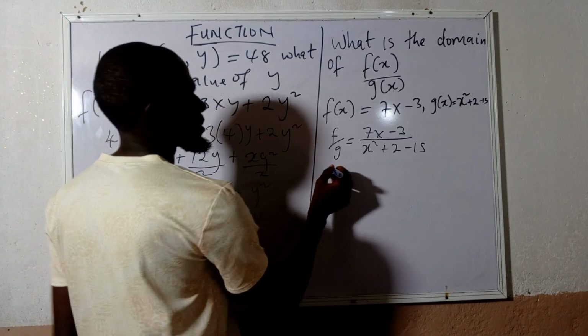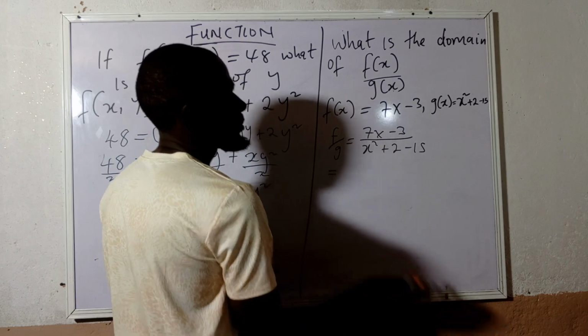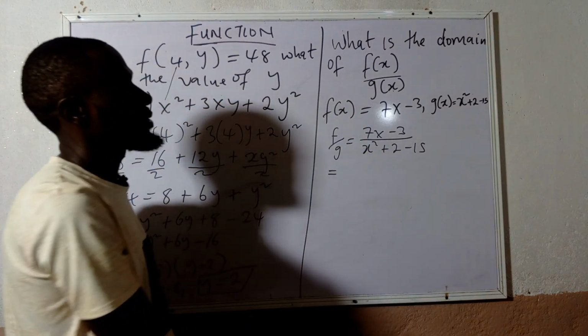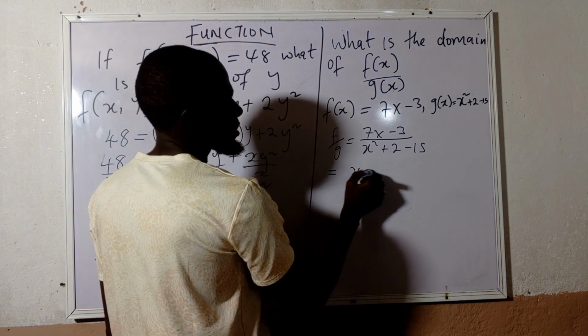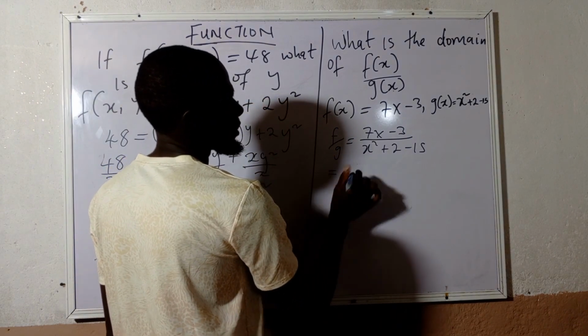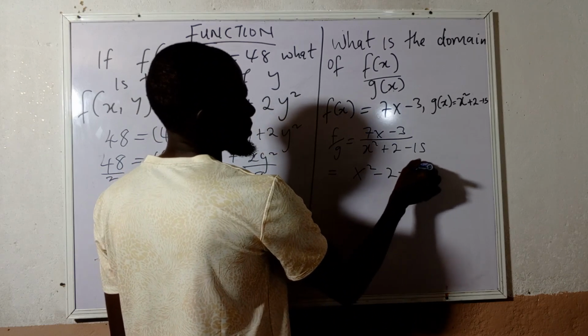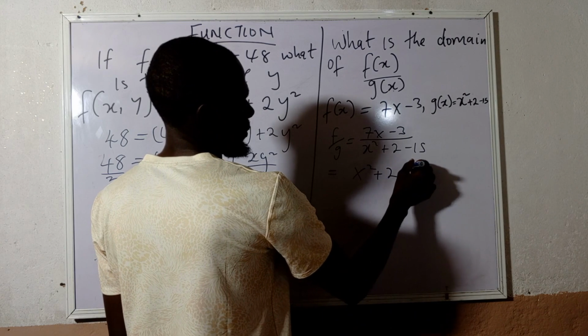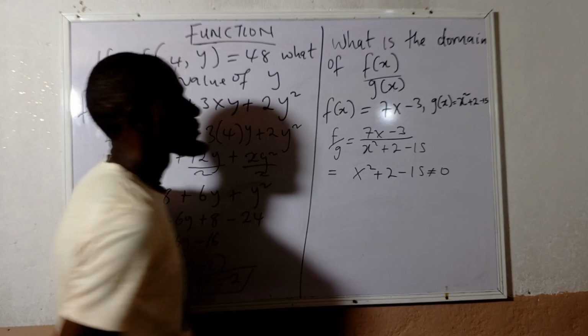Remember that this quadratic expression is not equal to 0. That is, x squared plus 2x minus 15 is not equal to 0.